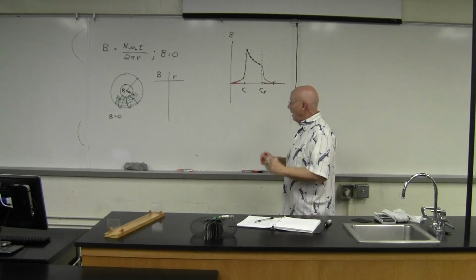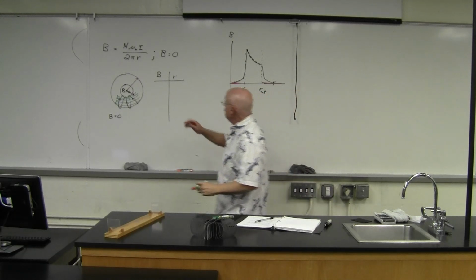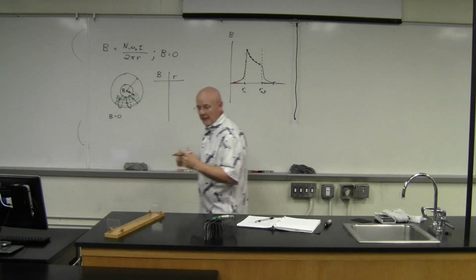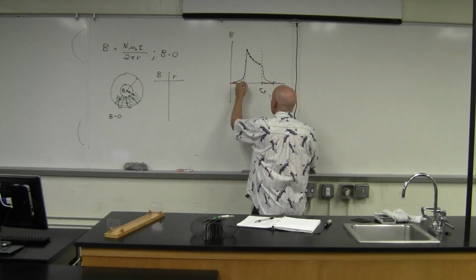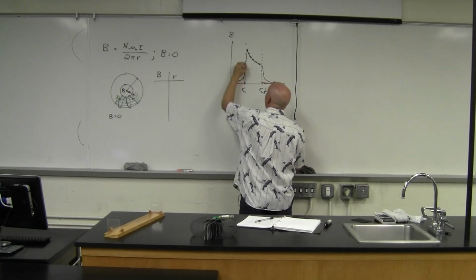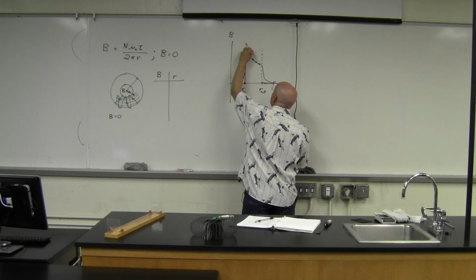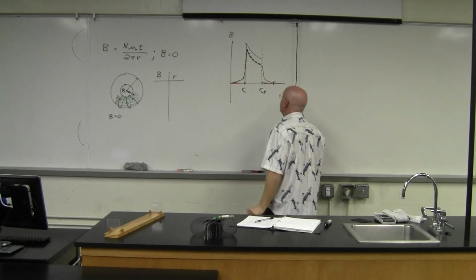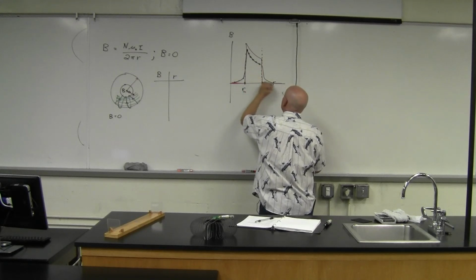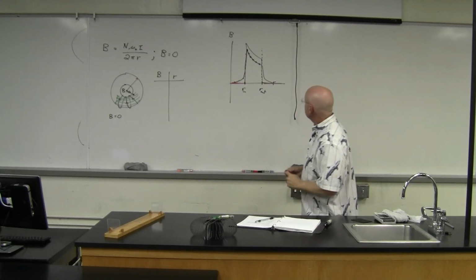But when you're in the interior part, it follows this equation, which has this 1 over r pattern to it. So right at the radius, it would shoot up to some huge value.